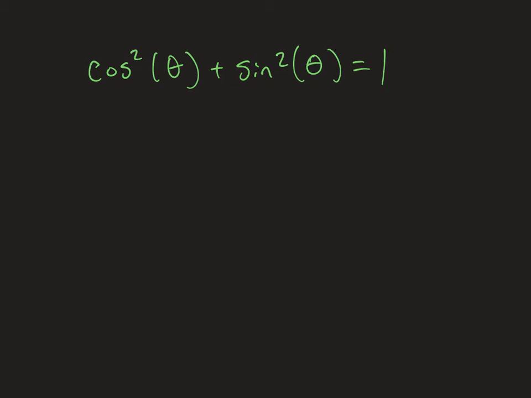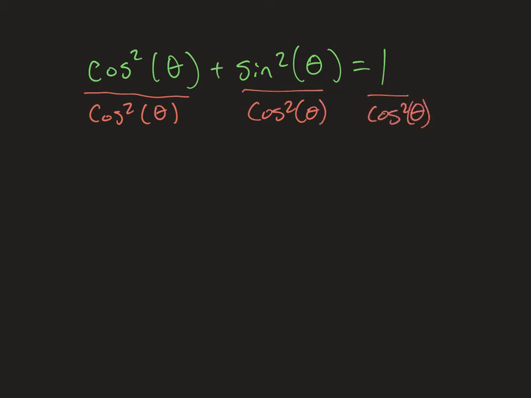So the first thing I'm going to do is I'm just going to divide all of these terms by cosine squared theta. And when I do that, this term, the first term, becomes 1. The second term is sine squared theta over cosine squared theta, but I think you'll remember that that's just tangent squared theta.